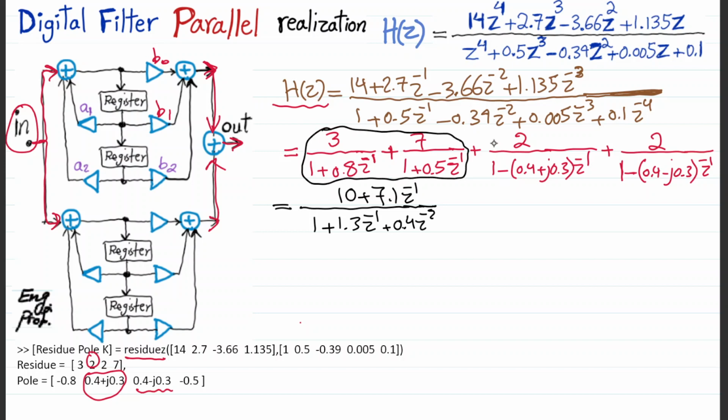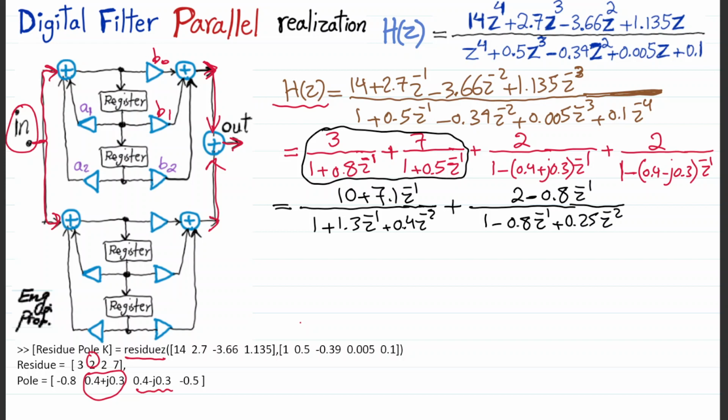Now, we can combine these two naturally because the poles are complex conjugate poles. So if you combine them, we get rid of the complex coefficients. If you combine them, the denominator becomes 1 minus 0.8 z^-1 plus 0.25 z^-2, and the numerator becomes 2 minus 0.8 z^-1.